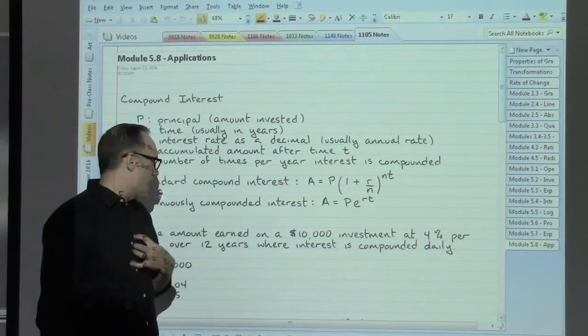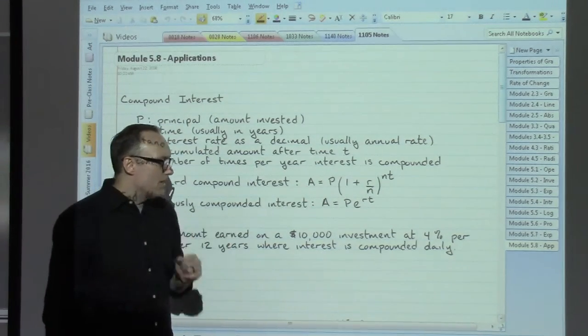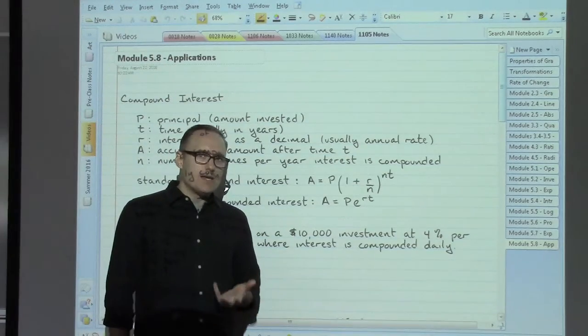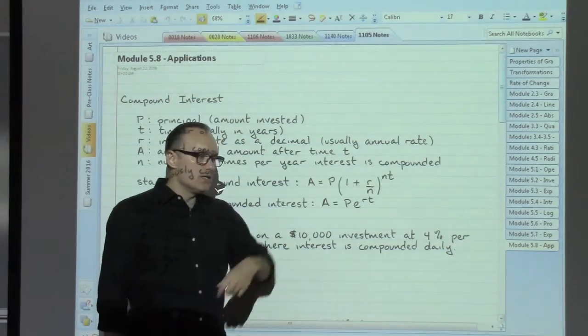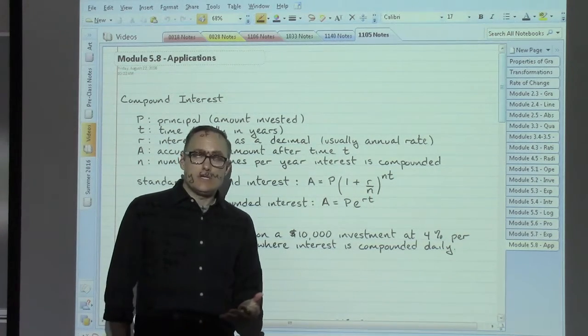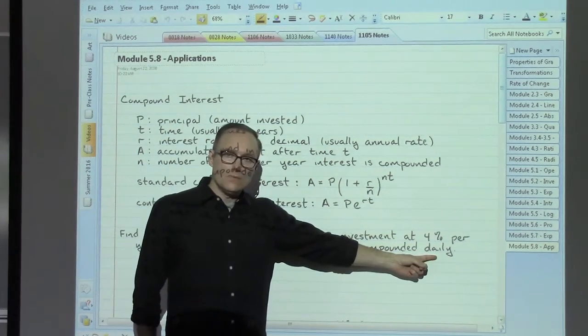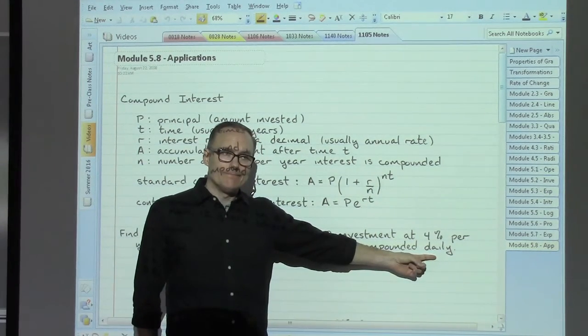So if they're asking us to find the amount, we're going to look for the A. That means that we're still missing this N number that would go into this formula. How many times every year does interest get applied to our account? Well, they tell us daily.